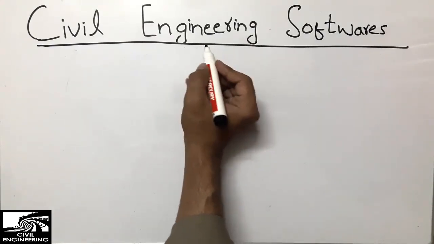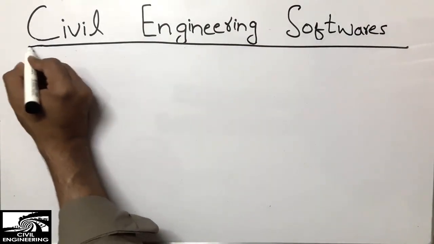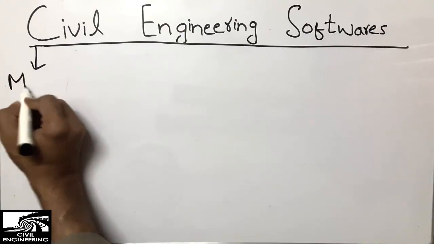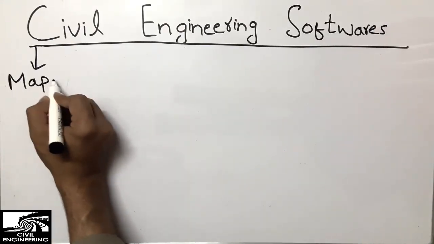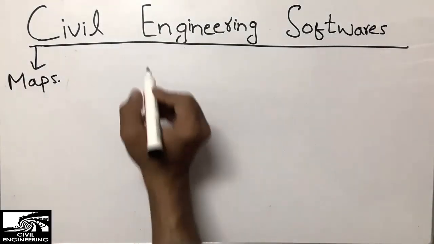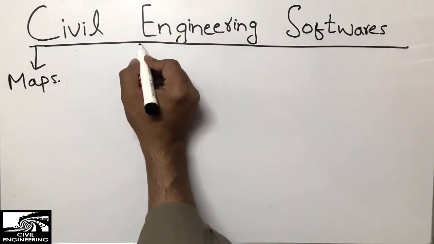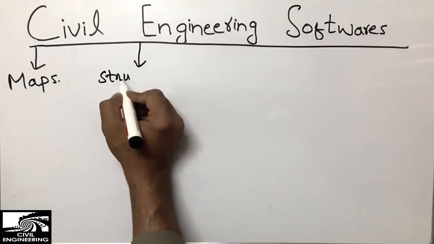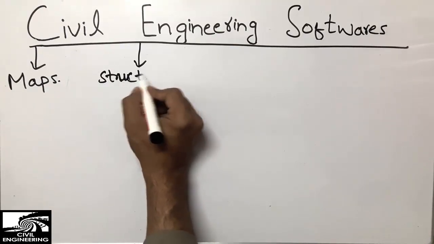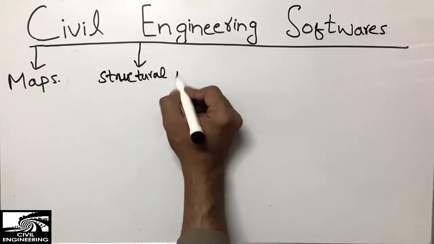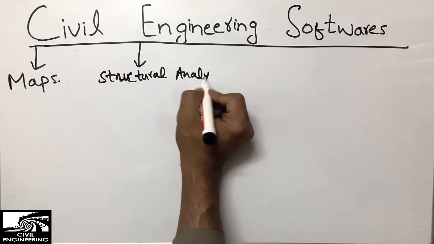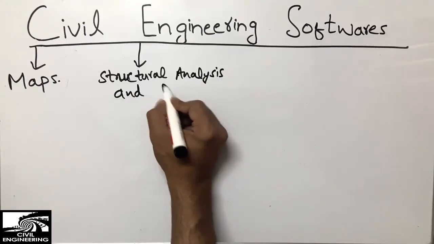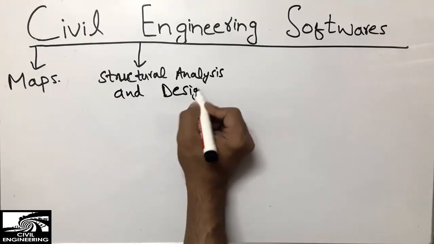The first category is the maps, because it's the basic one, the civil engineering software used for the maps, right? The second one is structure analysis and design, the software used for structure analysis and design, right?